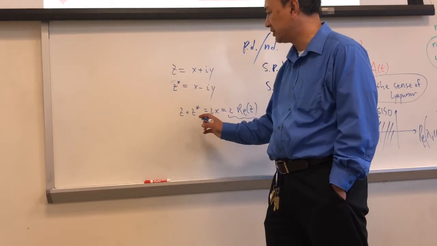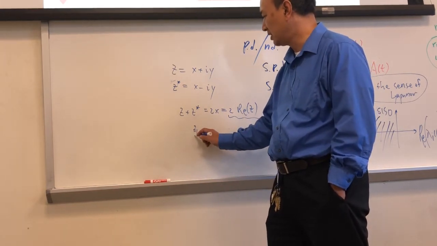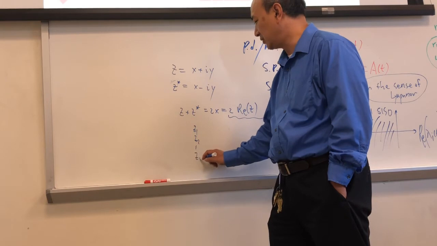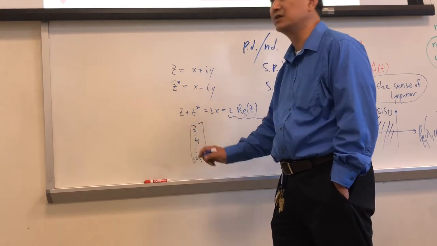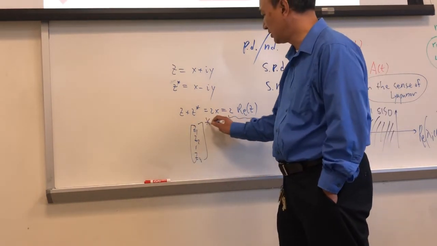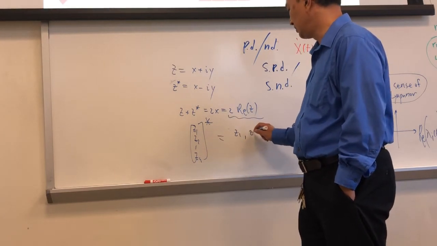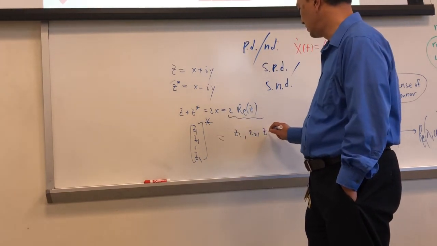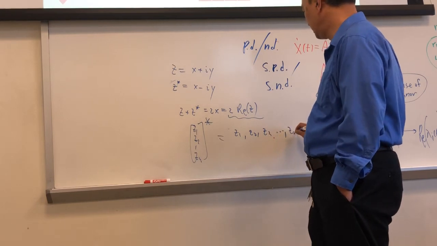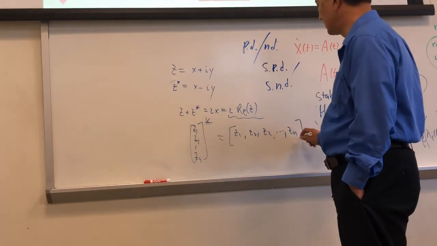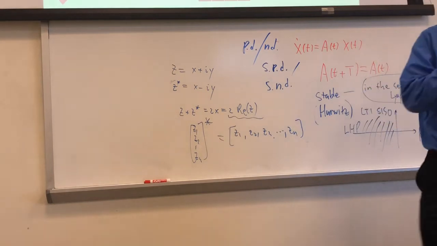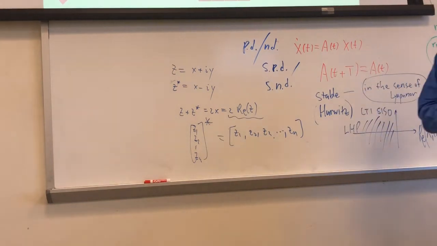In case you have a vector z1, z2, through zn, and you do star, basically you have the transpose of z1, z2, z3, zn, but you still need to make every element a bar.